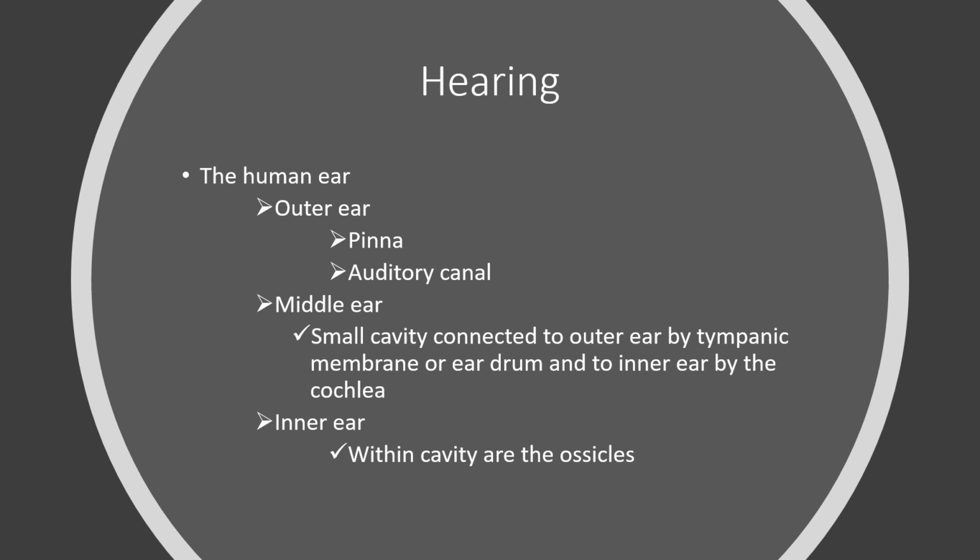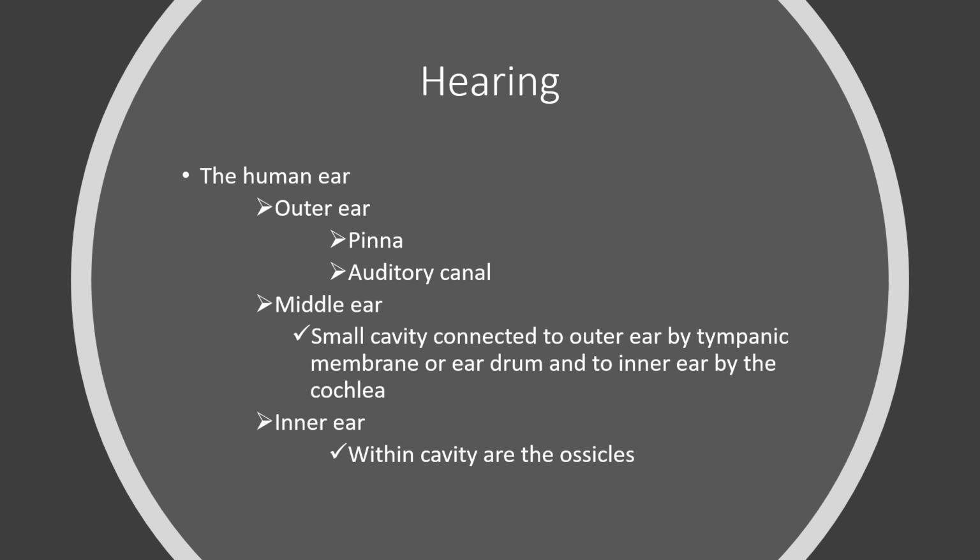Now, let us understand what the middle ear is about. The middle ear is the small cavity which is connected to the outer ear by the tympanic membrane, or eardrum. You can pronounce it as you want.